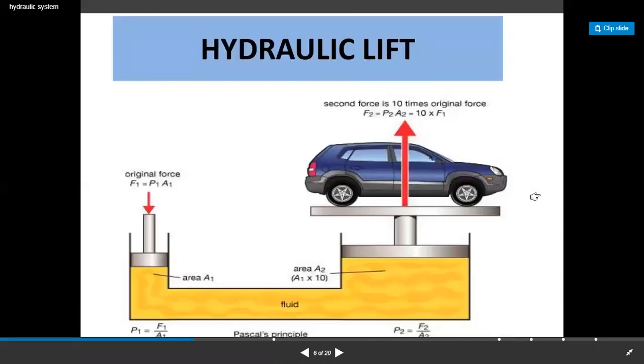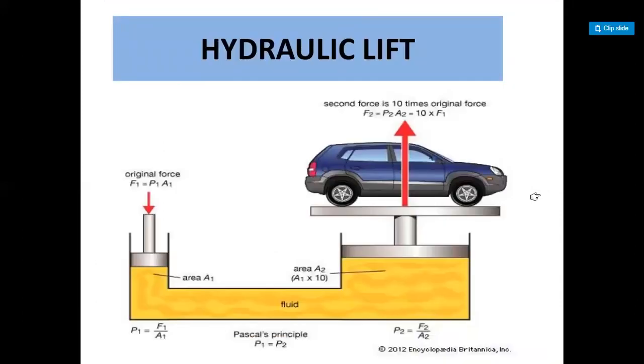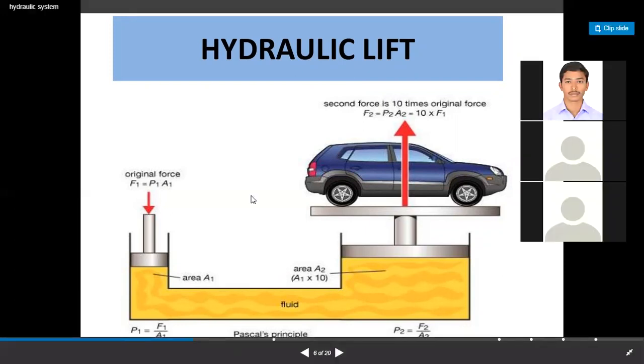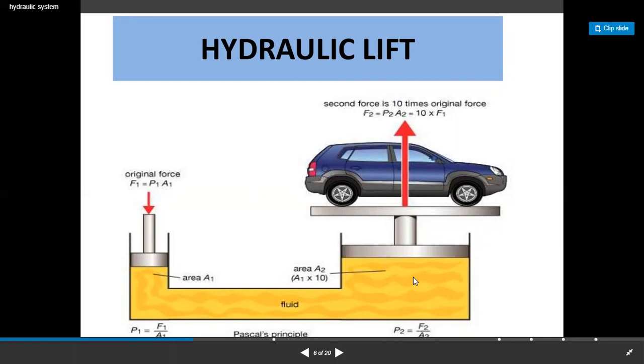In a hydraulic lift, as you can see in car service or bike service showrooms, the hydraulic lift is used to lift vehicles from the base to the top portion. You can see the input force and the second force, the output force.